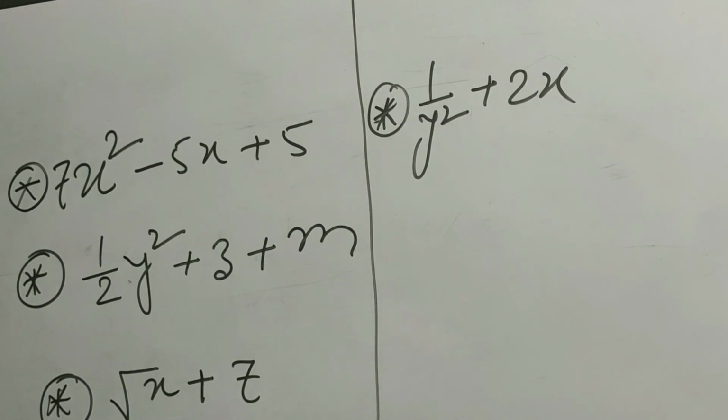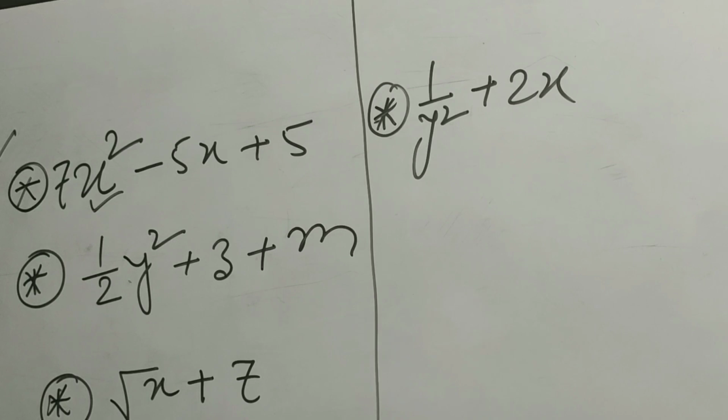Now, in any algebraic expression, if the power of the variable is a whole number, where is the power of whole number in variables? You see, in the first example, what is the variable in this expression? Definitely x is the variable.